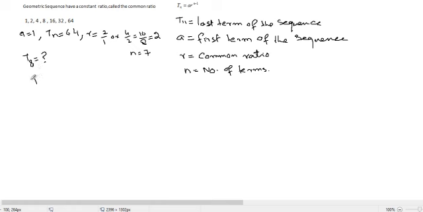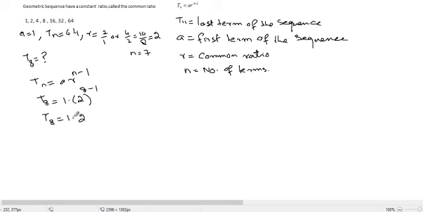Now we have a formula, Tn equals ar raised to power n minus 1. In this case, n equals 8; we have to find T8. a, the first term, is 1 here. The common ratio is 2, raised to power 8 minus 1. So T8 will be equal to 1 into 2 raised to power 7.